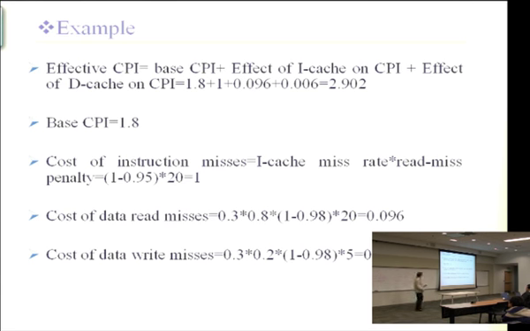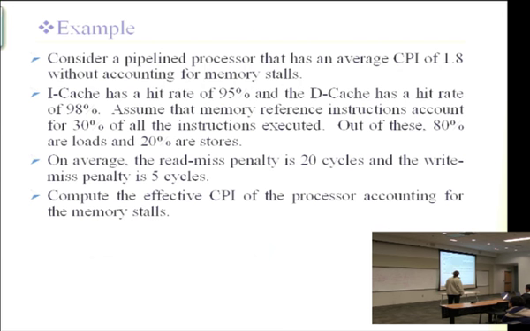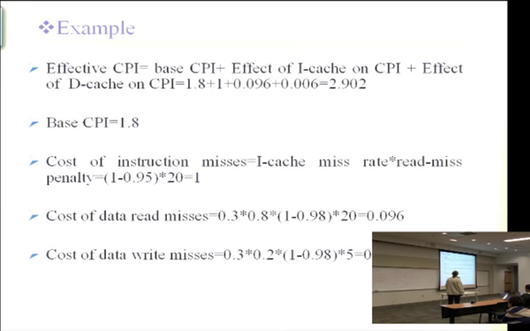Okay, for D cache, we have to separate the cost of read miss and the write miss. Why? Because in that stage we can both read and write. So the cost of data, if you look at here, it says that assume that memory reference instructions account for 30% of the instructions. That's why we have this 0.3 here.